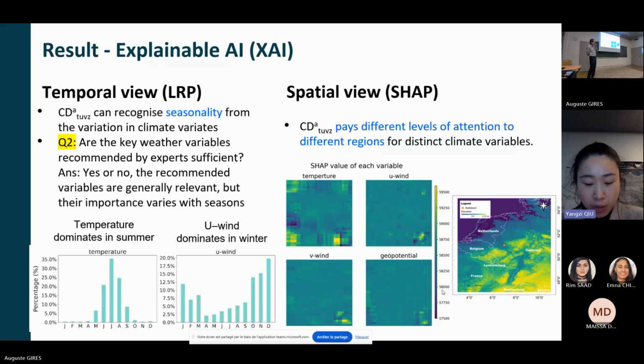In your study, did you apply SHAP on your training data set, or did you use it to explain the results in your testing set? It's in the testing set. So this result comes from the testing set.